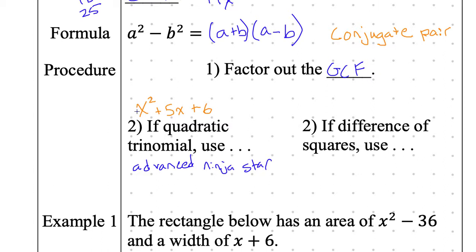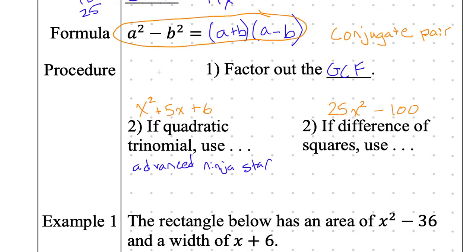All right, and here's the kicker. If I have a difference of squares, let me give you an example. If I have a difference of squares where it looks like this, let's do 25x squared minus 100. These are both squares. This is a square and this is a square, and I have a minus sign in between. It's a difference of squares. Then I'm going to use this formula.